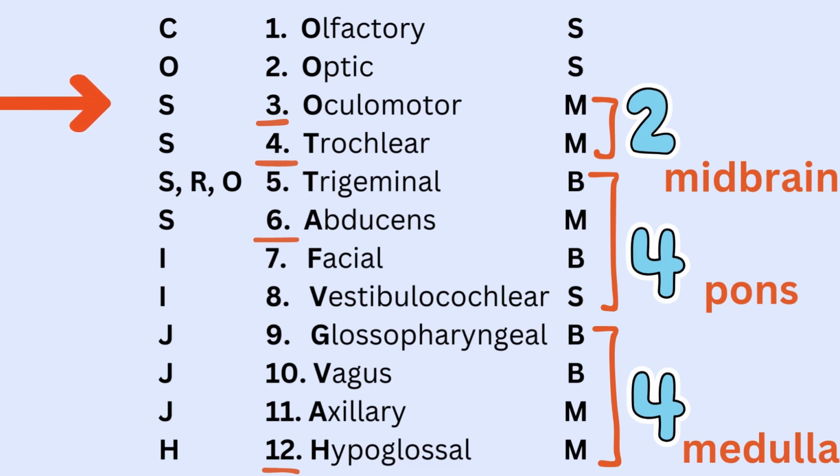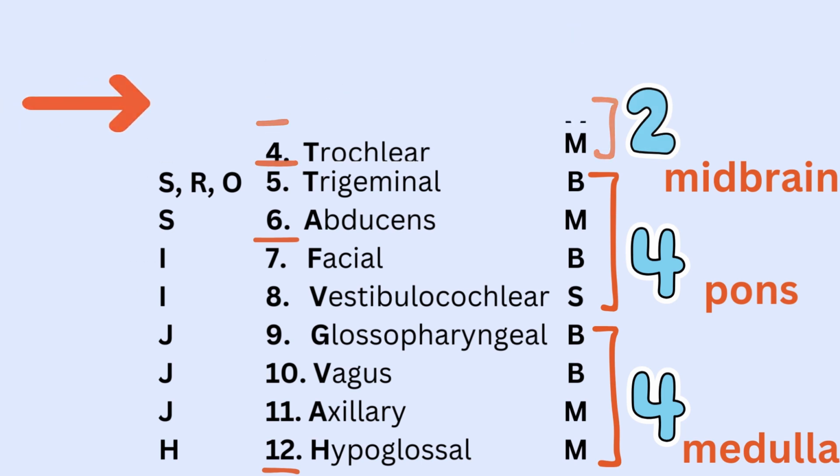And I know that this is one of my midline or medial nerves because it is divisible into 12. 12 divided by 3 is 4, which is an even number. So I know that this is a midline, midbrain damage that could have occurred that would cause dysfunction of oculomotor nerve, cranial nerve number 3.